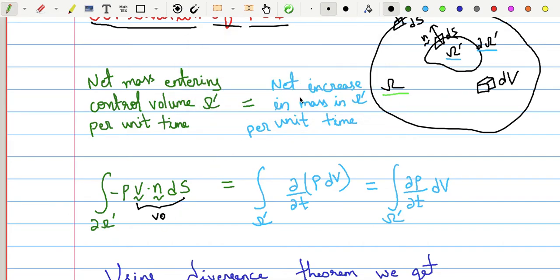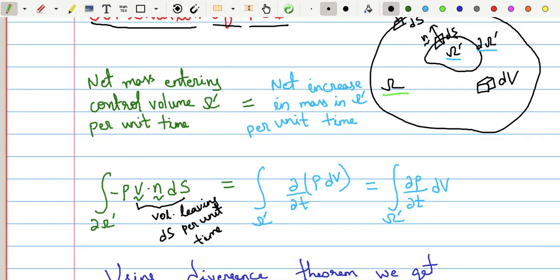This is the volume leaving through ds per unit time.